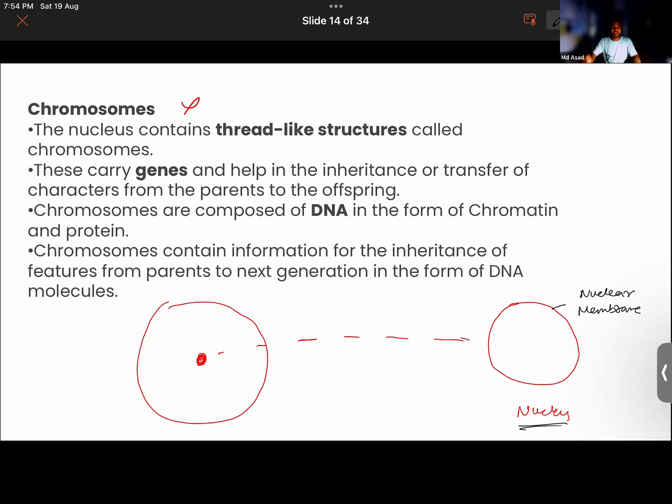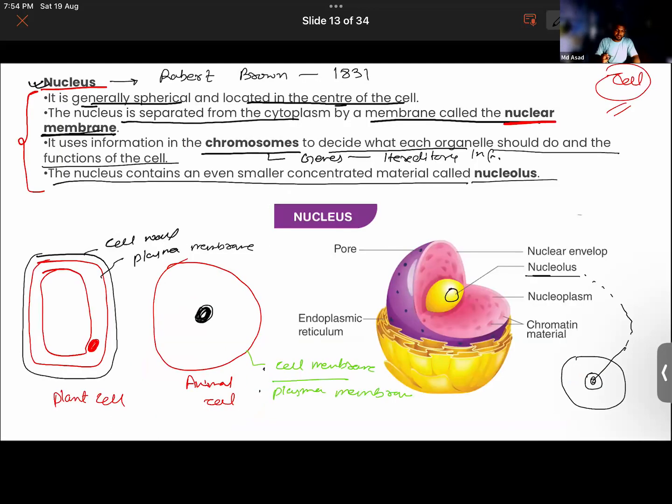Now in the center of the nucleus also you will see there's a structure called as nucleolus. So there will be another mass inside it that is very concentrated, that is called as nucleolus. Then what does it consist of? Here it says that it consists of chromosomes.